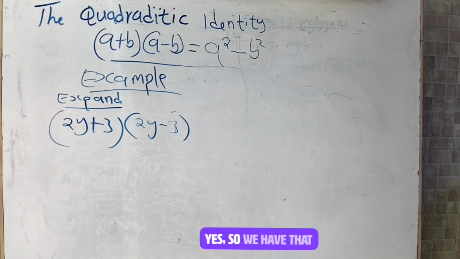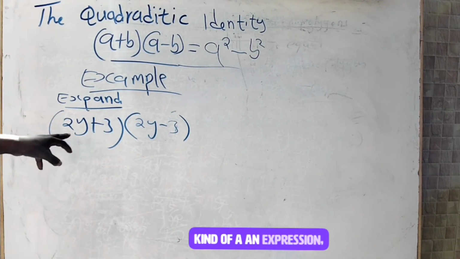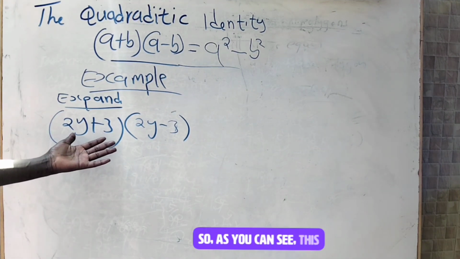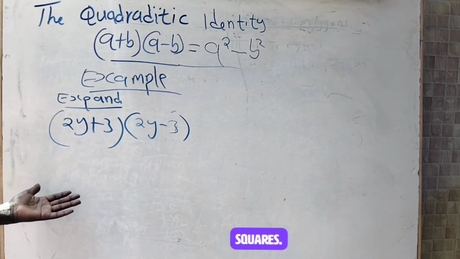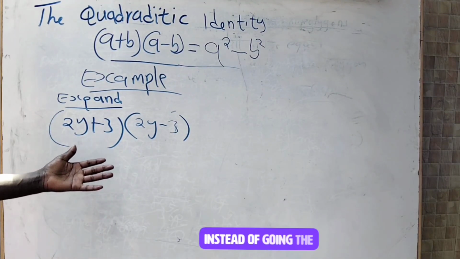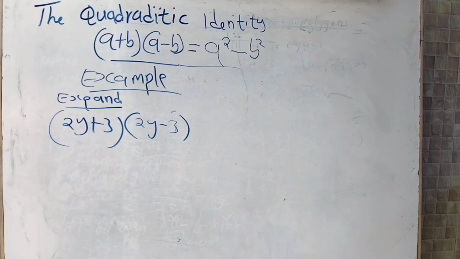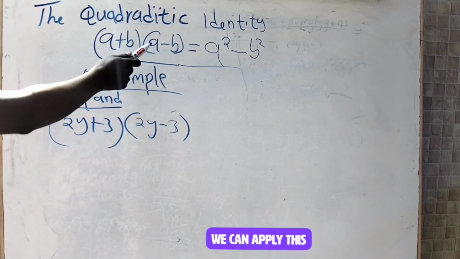As you can see, this is a difference of two squares. Instead of going the long way, we can apply this identity.